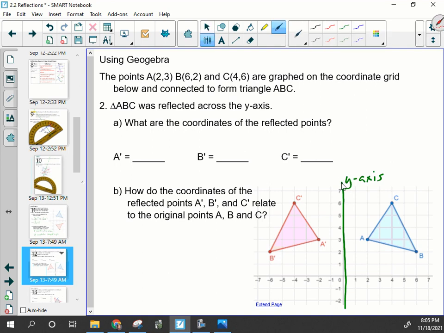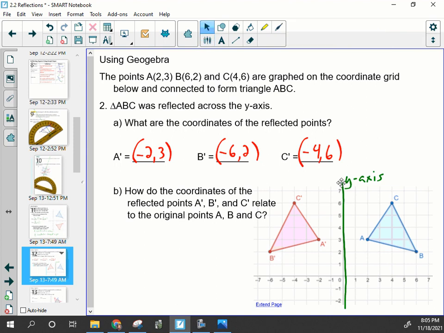If I look at the coordinates here, A prime is found at -2, 3. B prime is at -6, 2. And C prime is at -4, 6. Well, the next question, B, says, how did those coordinates compare to the original coordinates? Well, here, the y-coordinates did not change.